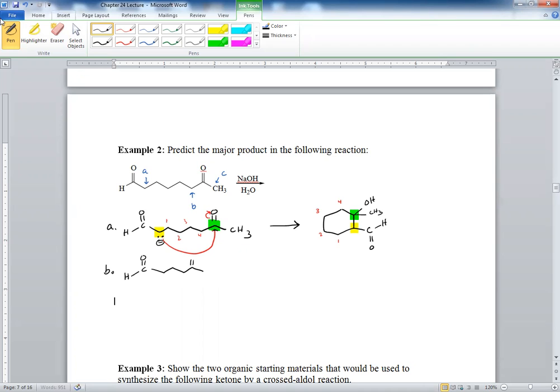Let me just redraw this a little bit here, make it bigger. It's not working with me. I don't know why.